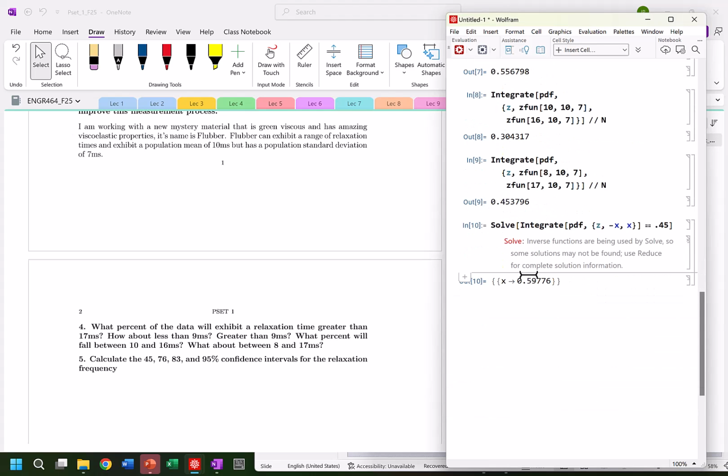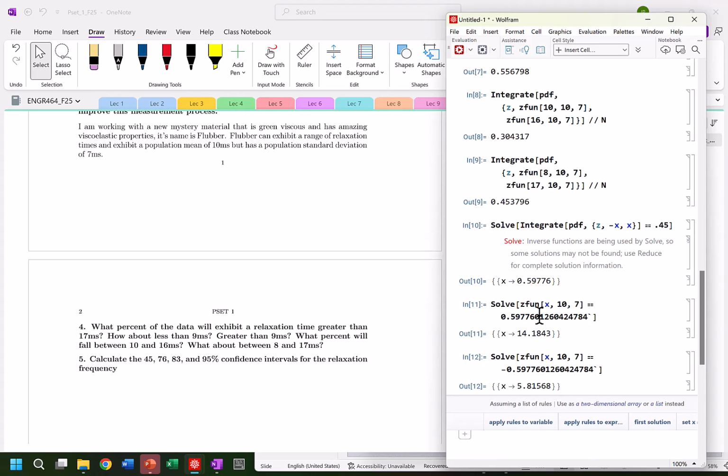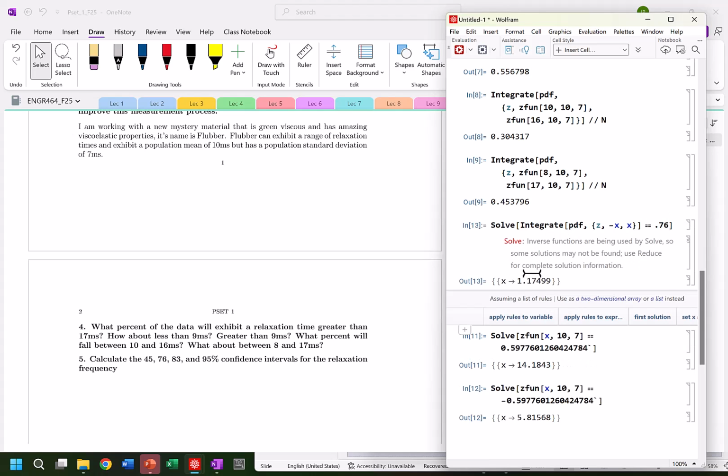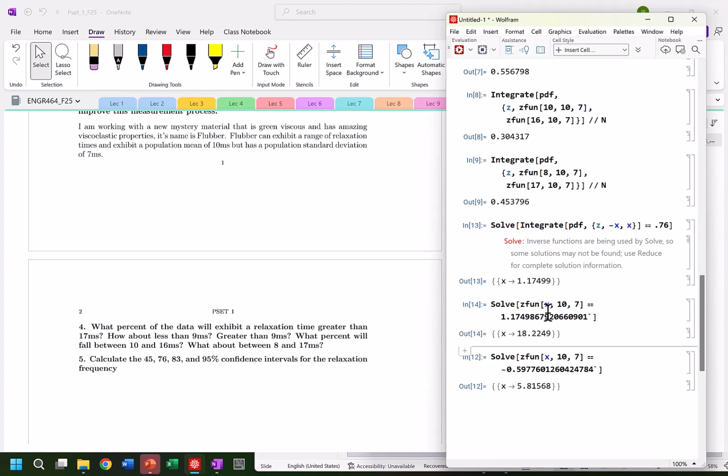That would be the z value, and then I'd do a second step where my z function of x, with 10 and 7, is set equal to this, and I solve. Then I do the same thing for minus, so those would be my bounds. If I'm looking at 76, I'm just going to copy it right into here. It should be getting a little bit larger, which makes sense.